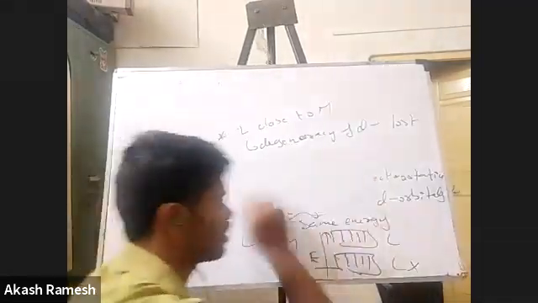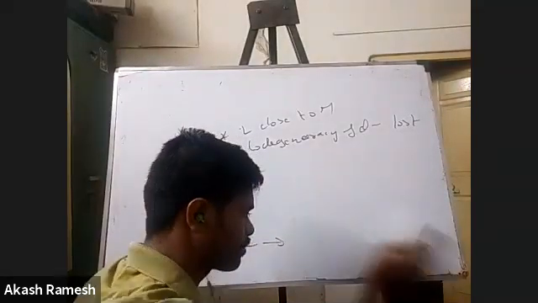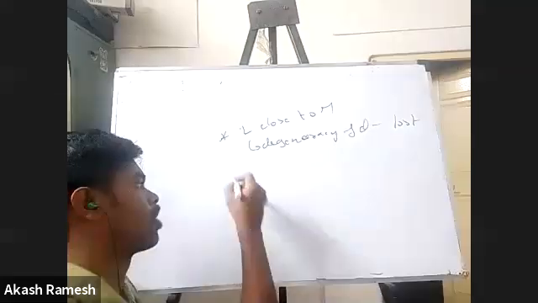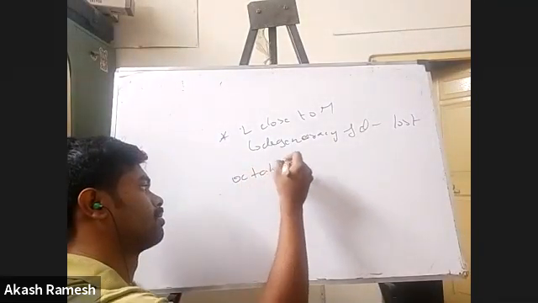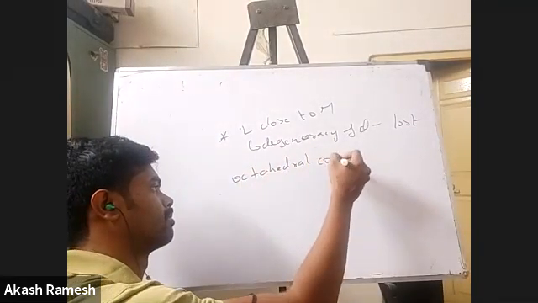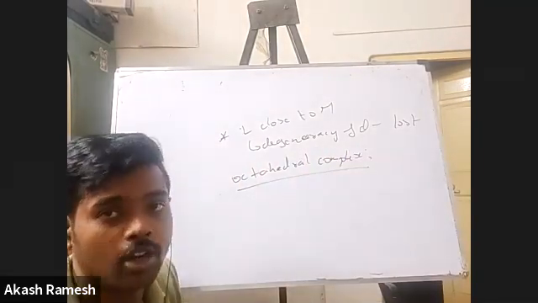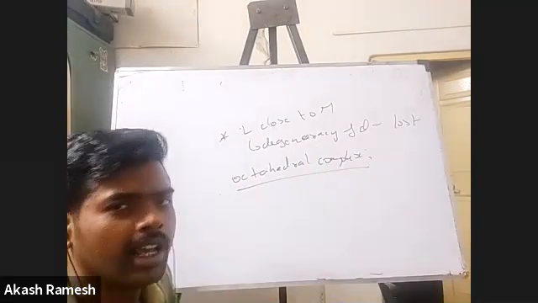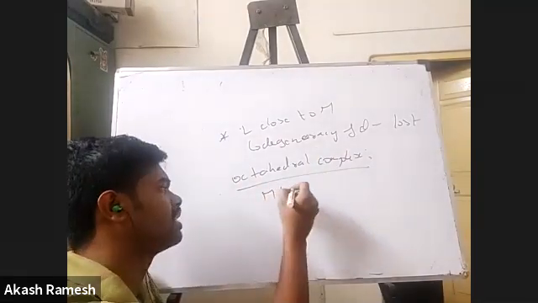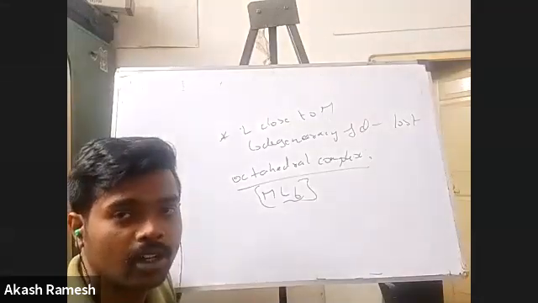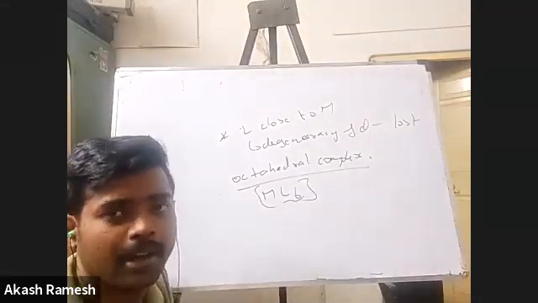Okay, moving on. Let me take an octahedral complex first. Obviously I know octahedral complexes will have 6 ligands, L6. They're the same type or different type, doesn't matter for now.